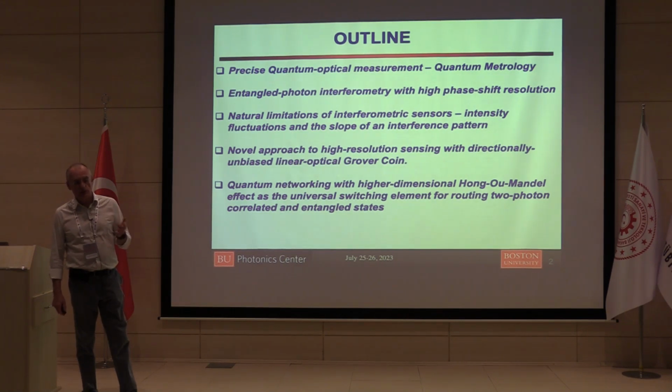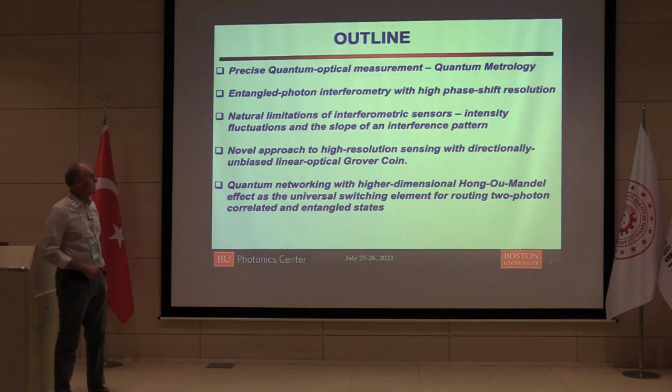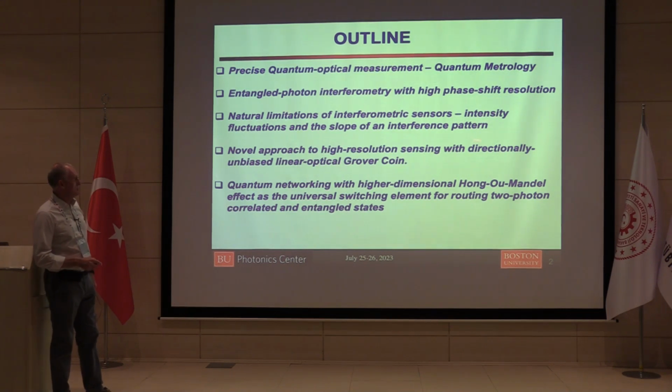So we discussed what it depends on and what are the modern ways of improving the sensitivity and resolution of such measurements, including some elements of quantum interferometry that is used in gravitational wave detectors and many others using squeezed states, not only entangled states, but squeezed states of light as well.